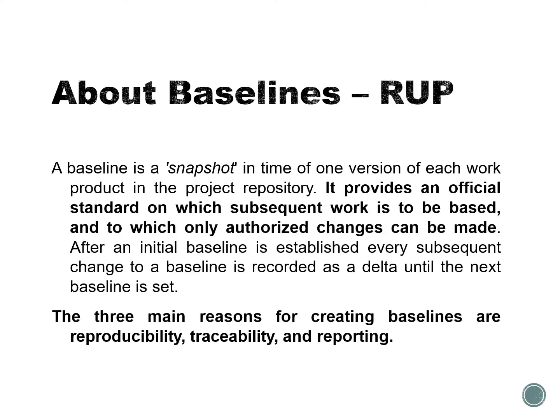So, okay, this definition of what the baseline is and what it does comes, for example, from the Rational Unified Process, which is an IBM way of defining all the different possible ways of doing software development. Of course, it's more or less the snapshot that this is our main version. It has new features. It's distinct from our earlier baseline.